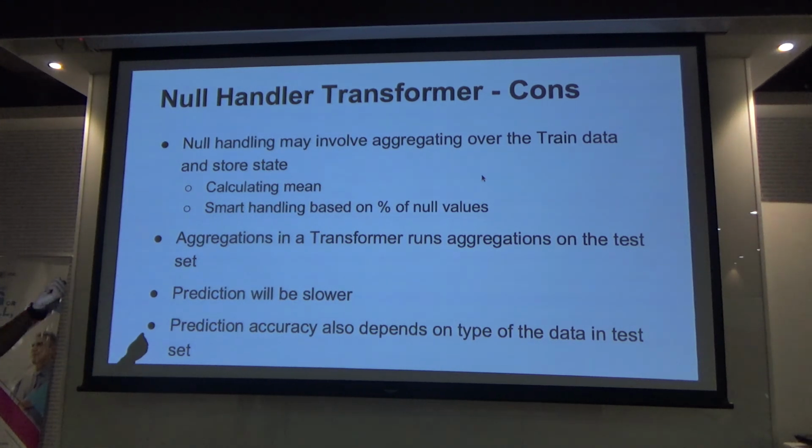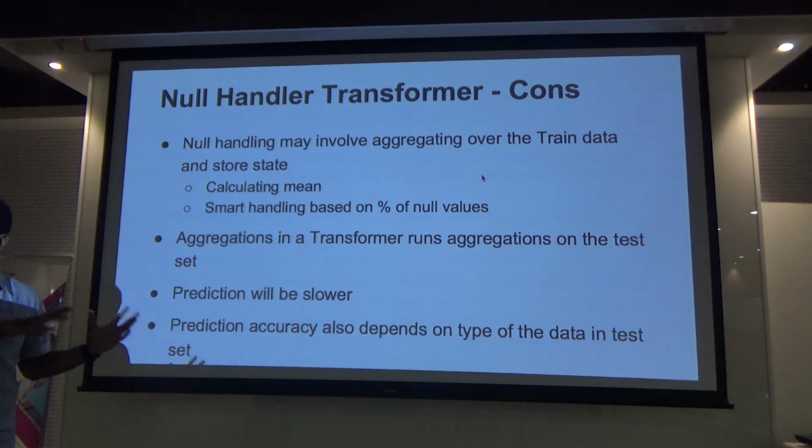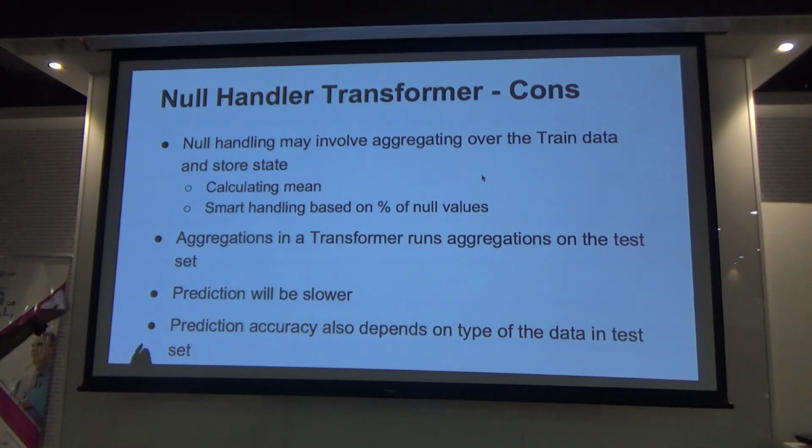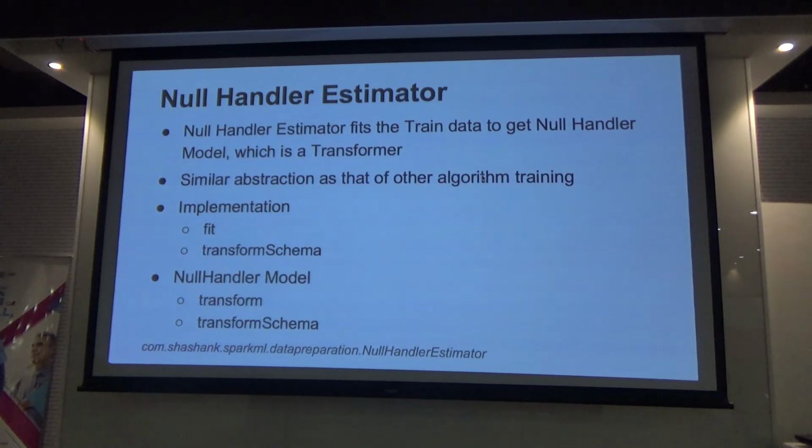So normally it should go with an evaluation, like a fit based model, where you use the train set to calculate these values and use that calculated value in terms of prediction. So that's where we use an estimator here. The estimator takes the train data and calculates the necessary state which should be used in the transform stage. So whenever you want to handle null, if there are mean values, then you will calculate those mean values.